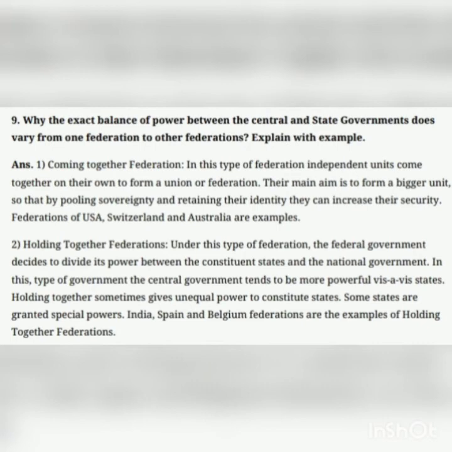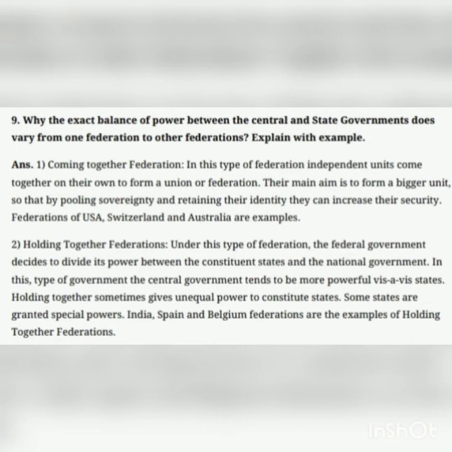So this is also one of the most important questions. You must be able to distinguish what is coming together federation, what is holding together federation, what it exactly means. Okay, right. So which one is best, coming together or holding together, is up to the functions and outcomes of that particular government.